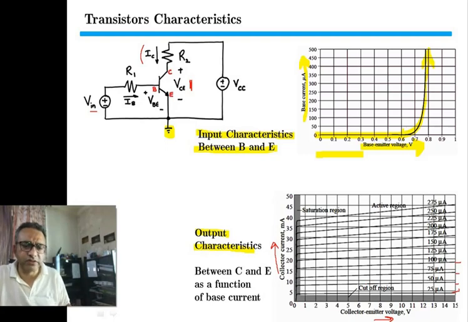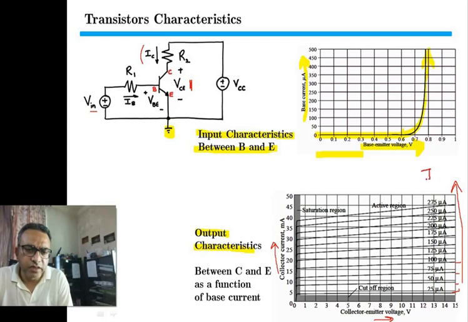So on these characteristics we are observing various collector emitter voltage versus collector current for increasing base current. So we can observe that as the base current increases, there are separate readings on the collector emitter voltage and collector current graph, and this is the output characteristics.